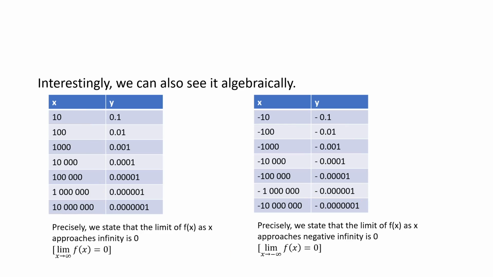Well, what's actually happening, this is an introduction to the concept of limits. We're saying that as x approaches infinity, the limit of f of x, in other words, the y-coordinate, is 0. And we write it like this. And similarly, as x approaches negative infinity, the limit of f of x, the y-coordinate, is 0 in that direction as well.